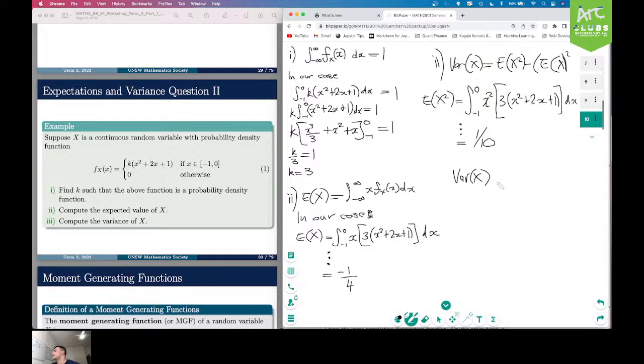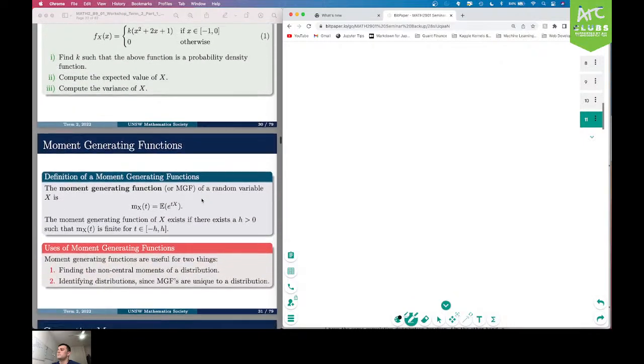So the variance of x is nothing but the expectation of x squared minus the expectation of x all squared, like that. And you'll see that we get 3/80. Cool. And that's all you need. So I did skip the integration step, but that's nothing but what you've seen in HSC or... Okay. Cool.